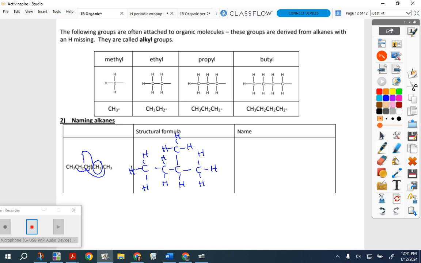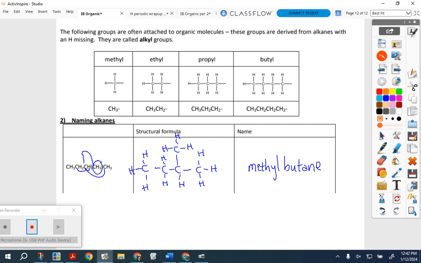So I'm going to call this methylbutane. Leave yourself a little space in front. So it's a butane with a methyl group on it, but I also have to indicate where that methyl group is.